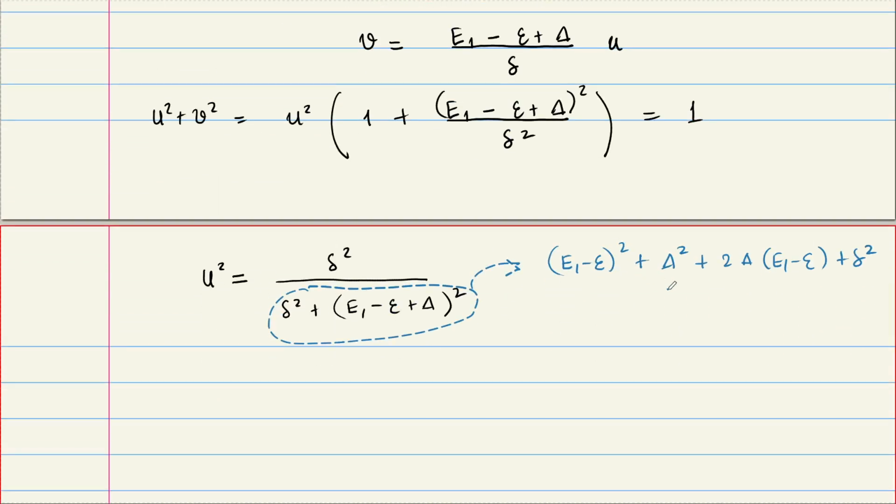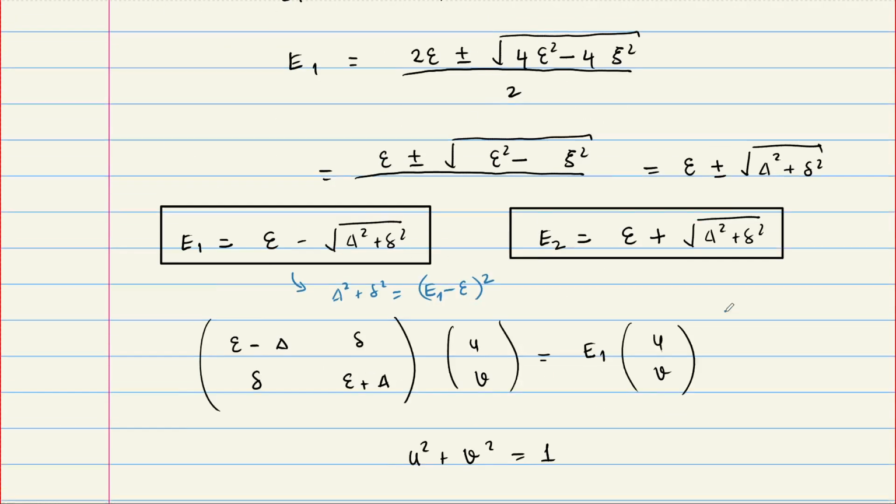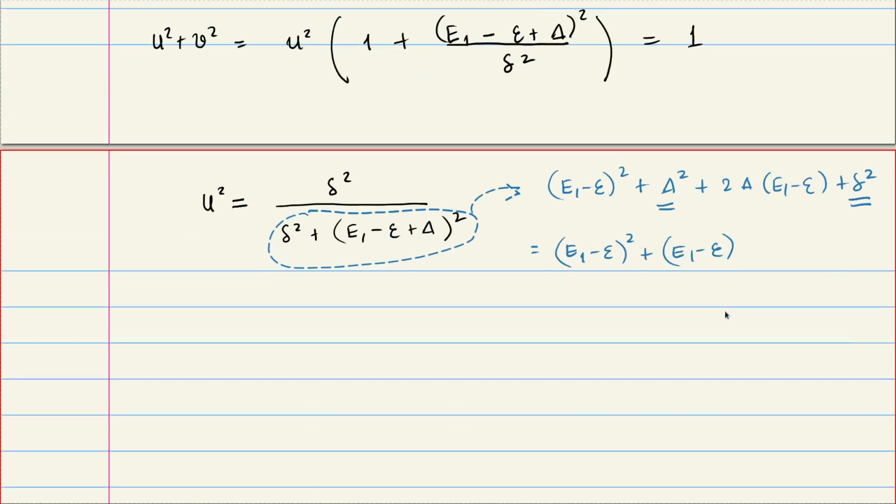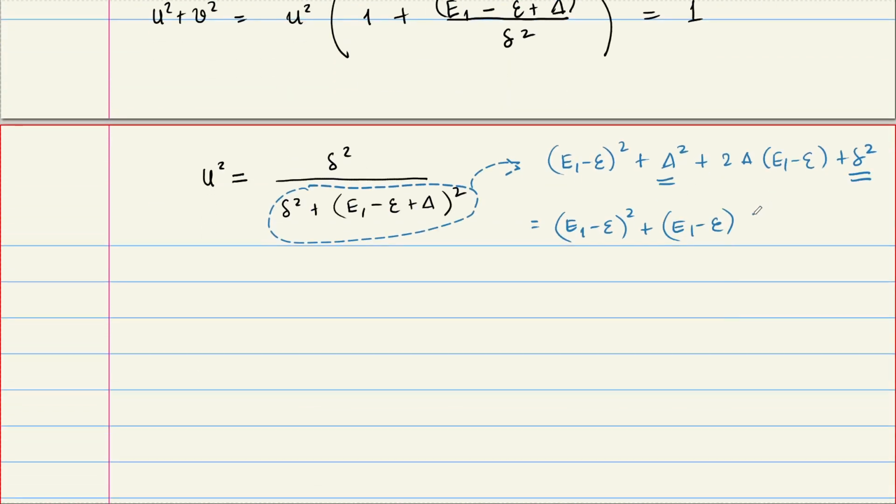So then I can use this one, and this one is going to give me E1 minus epsilon squared plus E1 minus epsilon squared, where did I get it? So these two, plus I have these two, 2 delta times E1 minus epsilon.